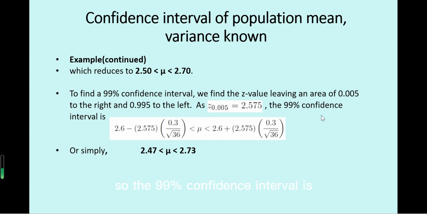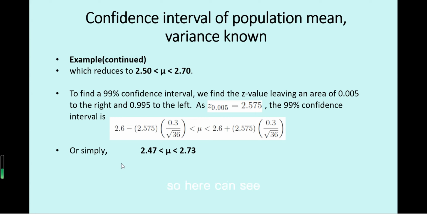So for the 99% confidence interval, we put this z here, times the population standard deviation divided by the square root of the sample size. Then we use the sample mean minus this term and the sample mean plus this term. In the end, the 99% confidence interval for the population mean is between 2.47 and 2.73.